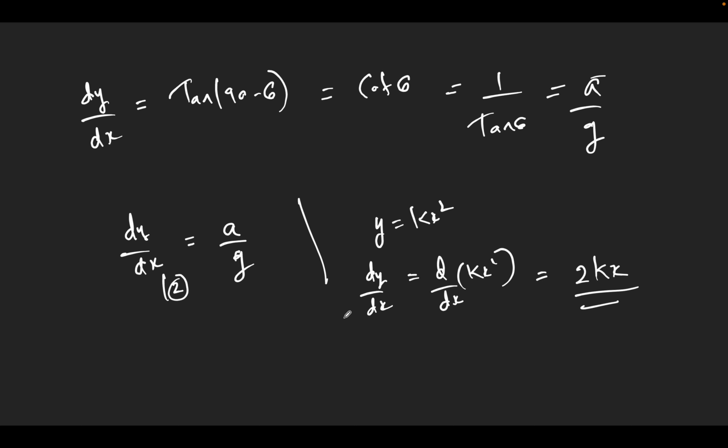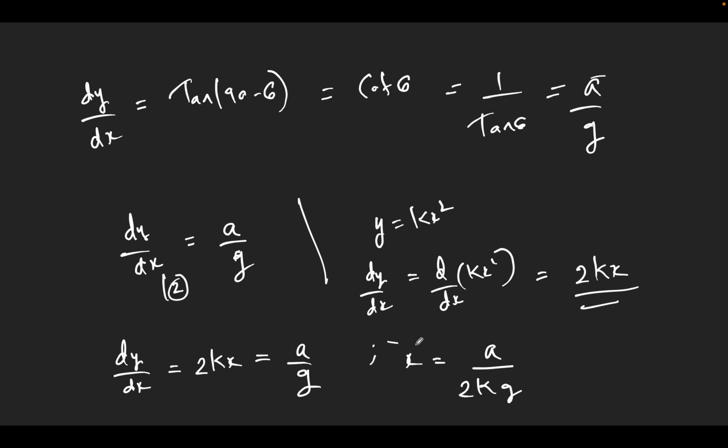So dy by dx is equal to 2kx, which is equal to a by g. So x must be equal to a by 2kg.